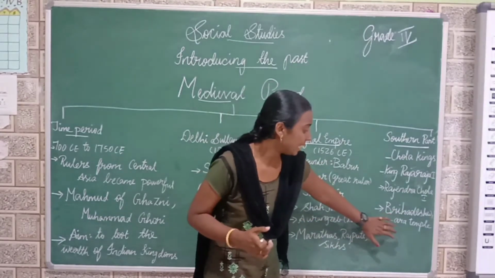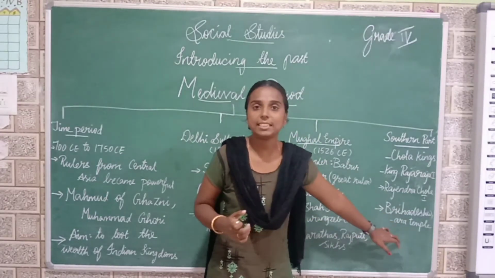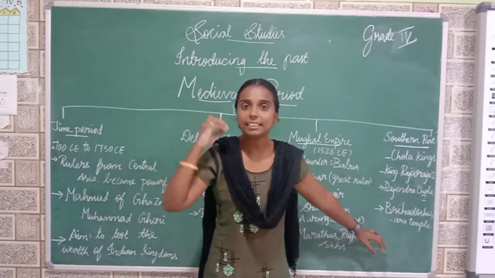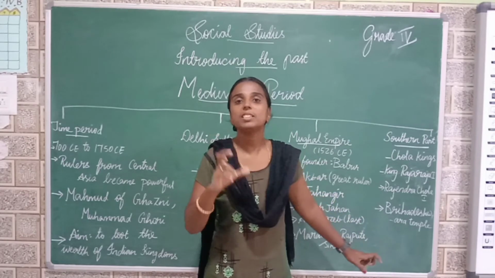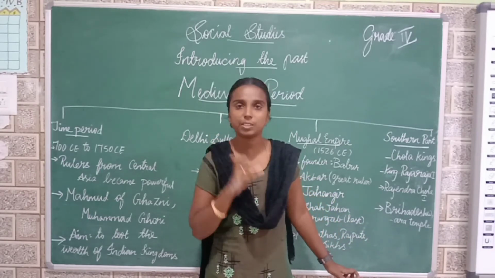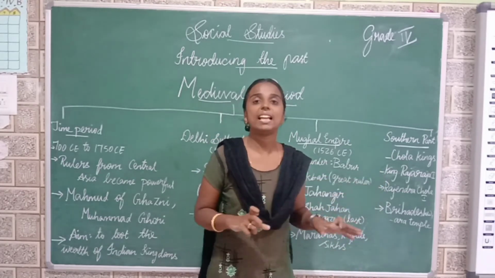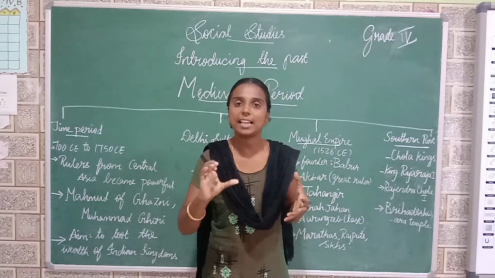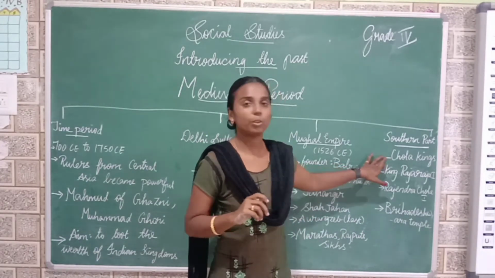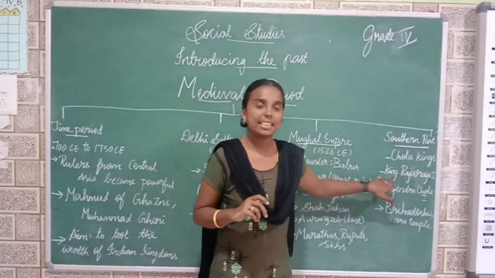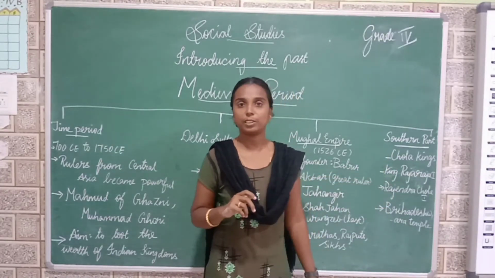And see, this Brihadeeswara temple. Where is this Brihadeeswara temple? It is in Tamil Nadu, right? In Tanjore. And this is one of the most important constructions of the Cholas. So the Cholas gave more importance to art and architecture. The important rulers of the Cholas were King Rajaraja I and Rajendra Chola I.